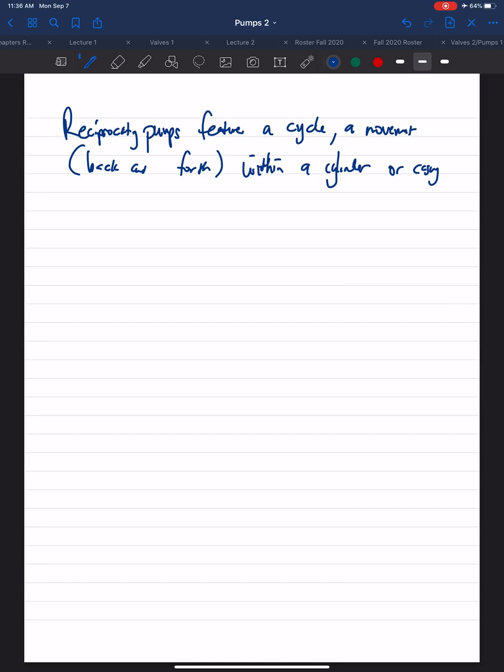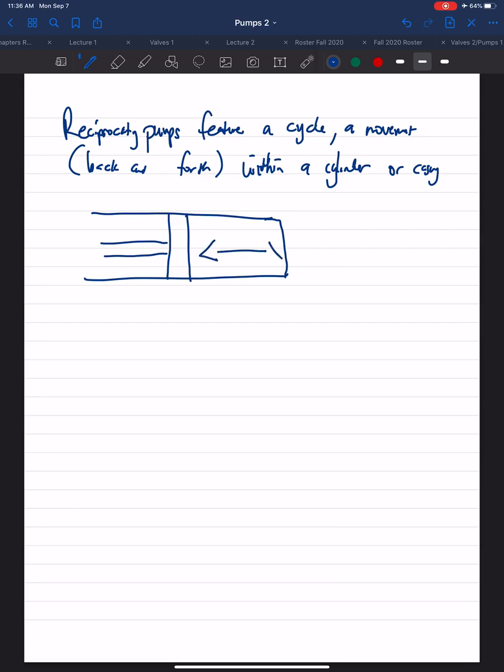So it's the same motion back and forth, back and forth. So if you have a casing and a piston, and this is the volume of the casing, that piston is going this way, coming back. It's a back and forth reciprocating motion, hence the name.